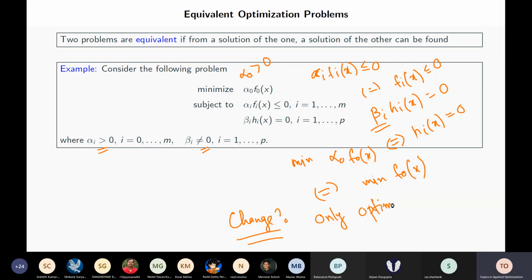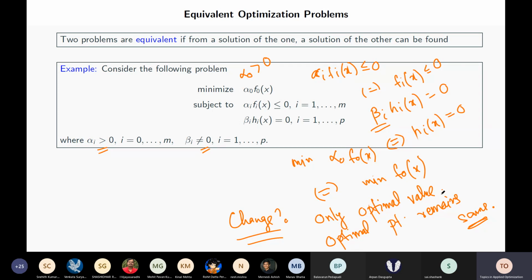The optimal value will change, but the optimal point remains the same. So there are problems where some parameters are maybe just there to confuse you, but these parameters could have been removed completely without changing your optimal point.